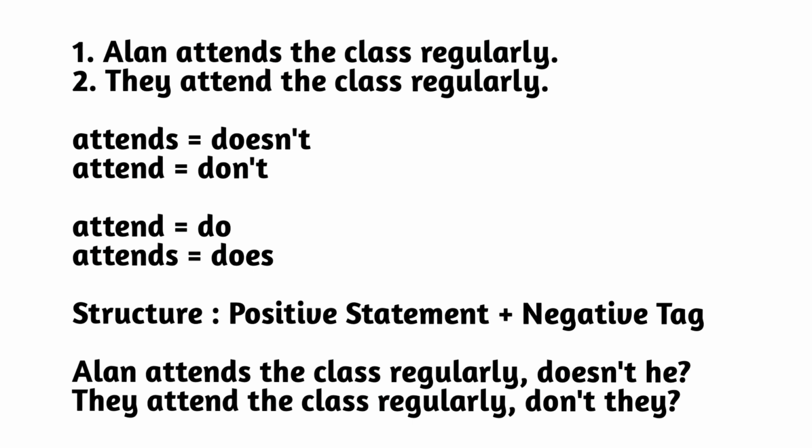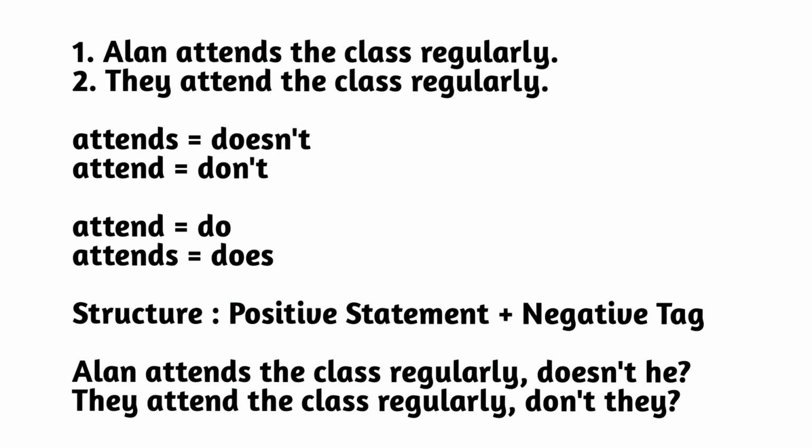The structure for the two sentences is positive statement plus negative tag. Alan attends the class regularly, doesn't he? They attend the class regularly, don't they? You can see two changes in the first sentence.